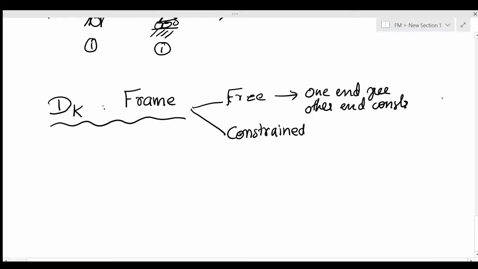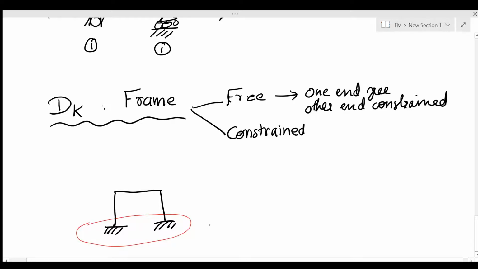So when we talk about frames, say for example, we have a portal frame. One end of this frame, that is these points, they are constrained, right? They cannot be moved. And this end is free. They can move either in this direction or in this direction.